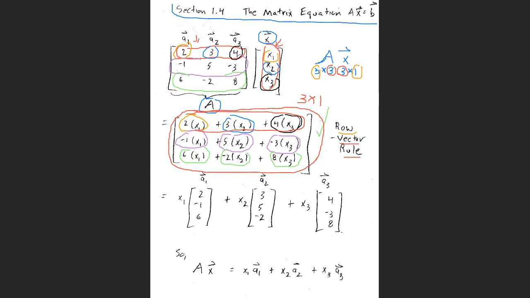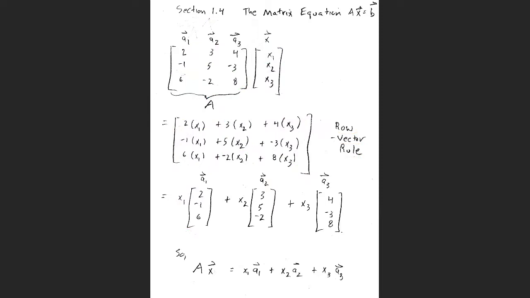All right. Well, now look at what we started off with: a matrix A times the vector x. And then we ended up with this matrix, but this matrix can be written as a linear combination of the vectors A1, A2, and A3. A1, A2, and A3, by the way, are these column vectors. You see here in the matrix A, we have these column vectors, A1, A2, and A3.